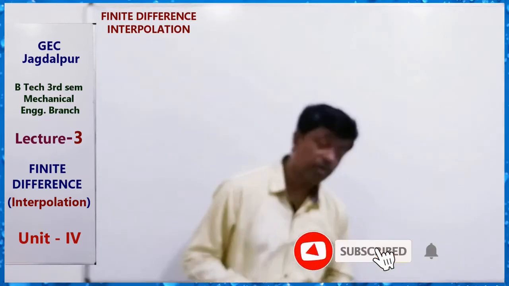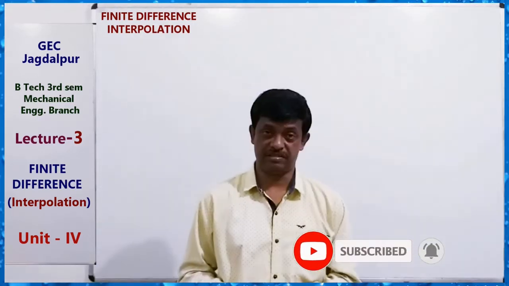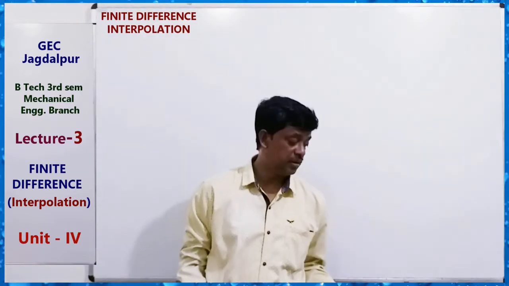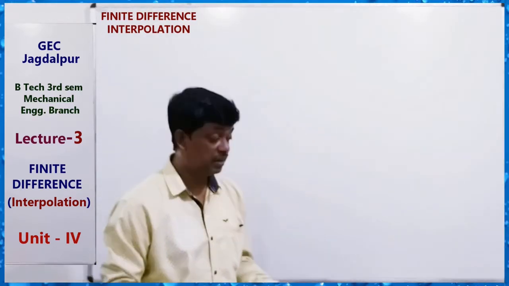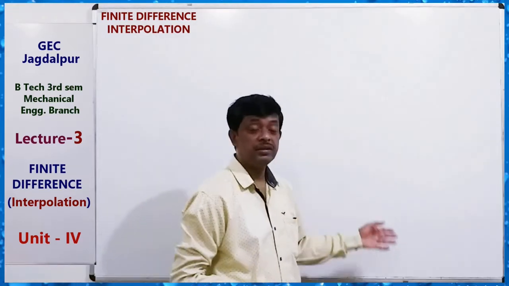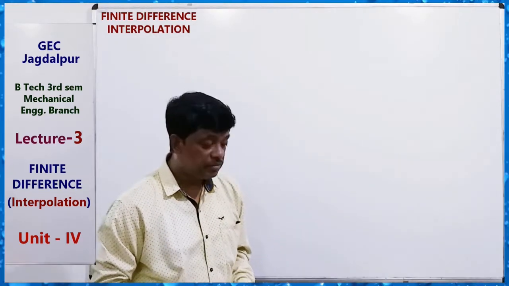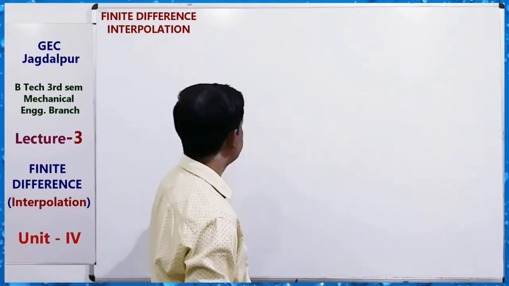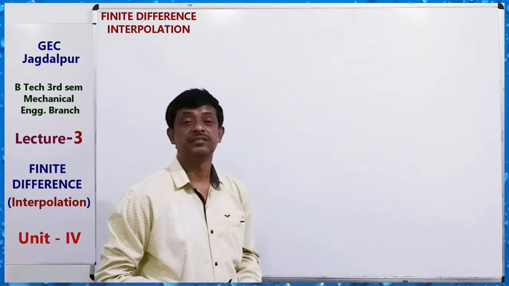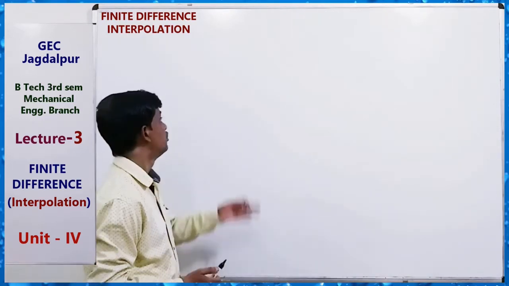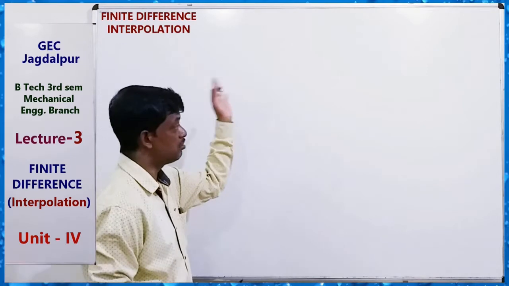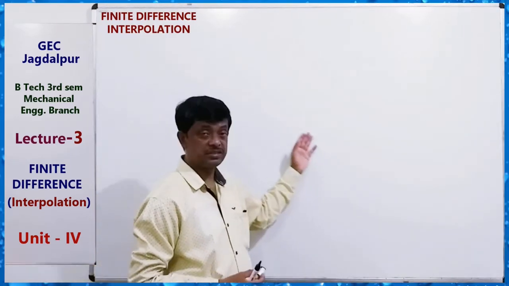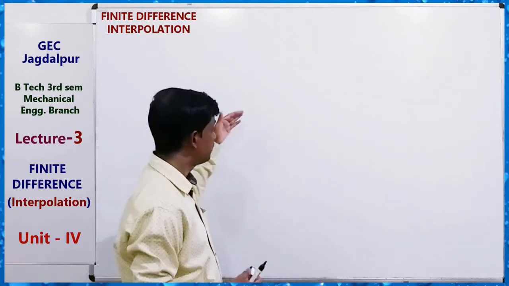So by using forward and backward differences, which I discussed in the previous class, the forward operator, backward operator, and central difference also, we can find two interpolation formulas: Newton's forward interpolation formula and Newton's backward interpolation formula.